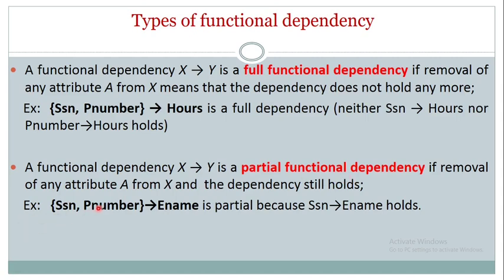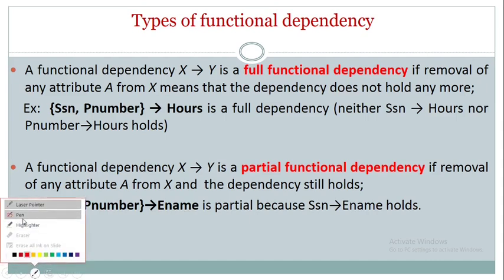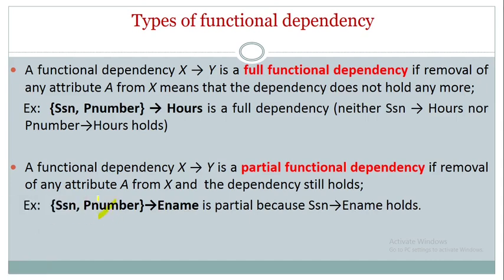On the left hand side we have SSN, project number determines employee name. To determine employee name, only SSN is enough. Just by using the attribute SSN, I can determine employee name. So I did not make use of project number. This is not required to determine employee name.